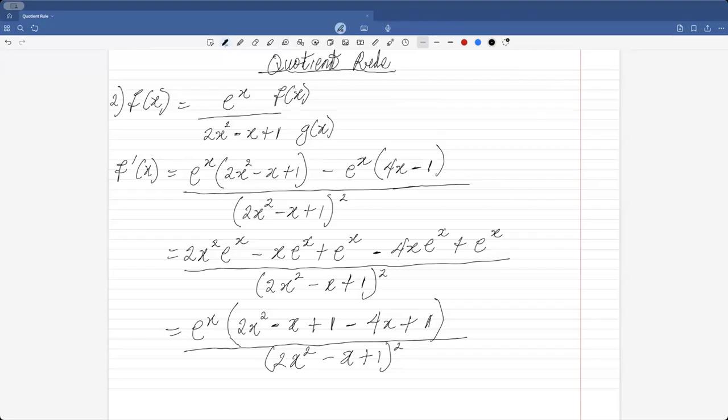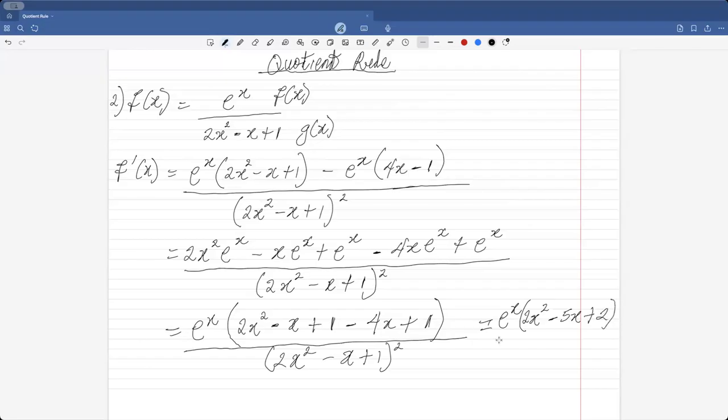So finally, we have e to the power of x, open parenthesis, 2x to the power of 2, negative x, negative 4x, we have negative 5x. One plus 1, of course, we know is 2.